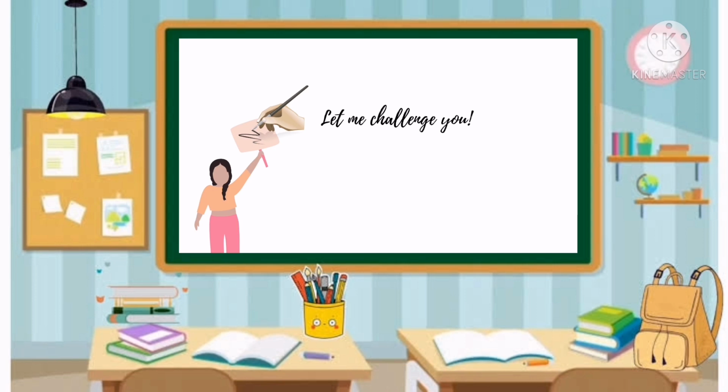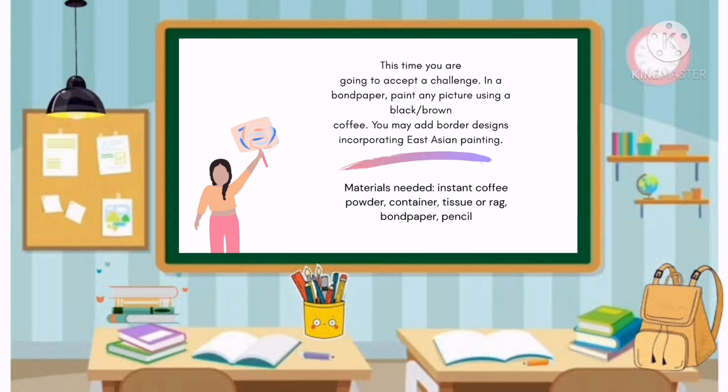This time, let me challenge you. You are going to accept a challenge. On a bond paper, paint any picture using black or brown coffee. You may add border designs incorporating East Asian painting. The materials that you need to prepare are these: instant coffee powder, container, tissue or rag, bond paper, and pencil.